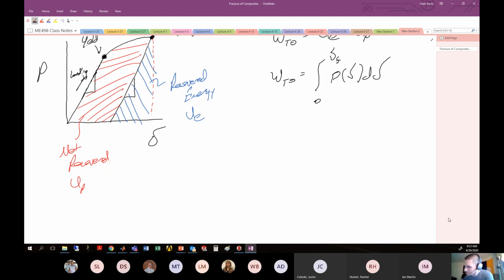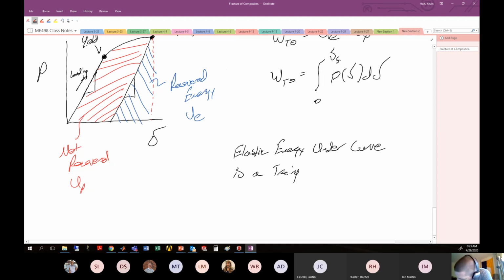So the elastic energy under the curve is a triangle, right? So approximated with the elastic energy here, area of a triangle, 1/2 base times height.